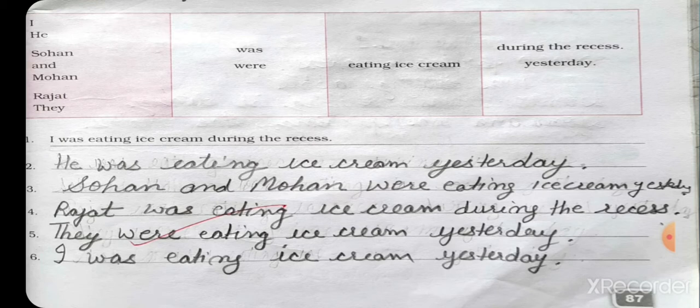Okay, they were eating ice cream during the recess. They were eating ice cream yesterday. Like these, students, try to make 6 meaningful sentences. Okay beta, take words from each column and then make 6 meaningful sentences. Okay students, now beta, let's move on to worksheet number 7.